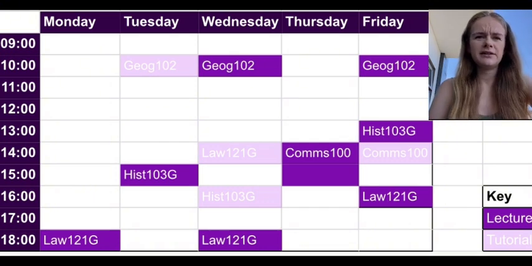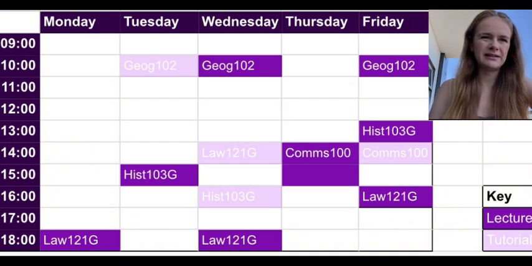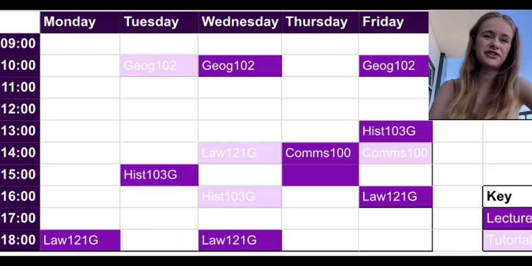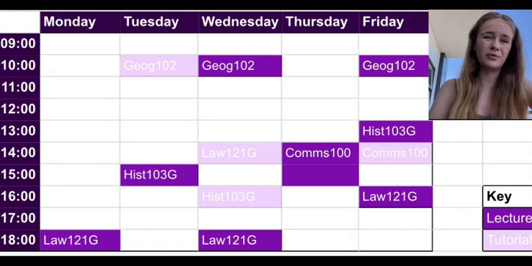But I think the rest of it is pretty okay. The Wednesday's a bit busy, but I had a good break between 11 and 2 to have lunch, do some readings in between, and prepare for those tutorials, and I think overall it was pretty good, except for that 5 to 6 slot for Law 121.